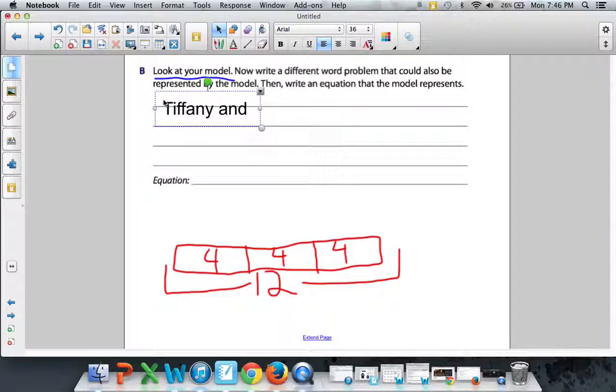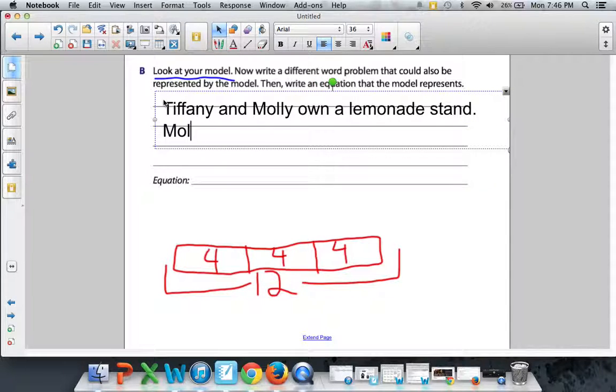Tiffany and Molly own a lemonade stand. I just came up with it. Molly sold 3 times as much lemonade as Tiffany.